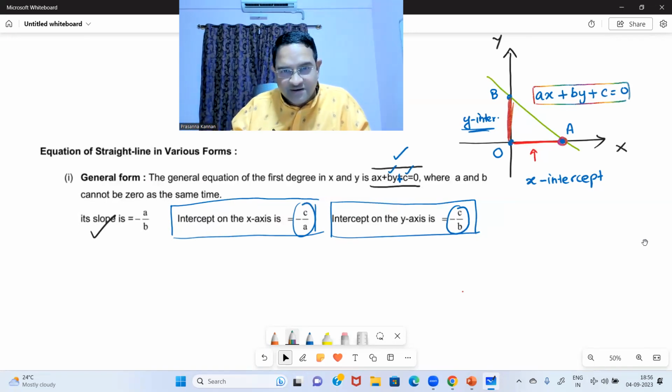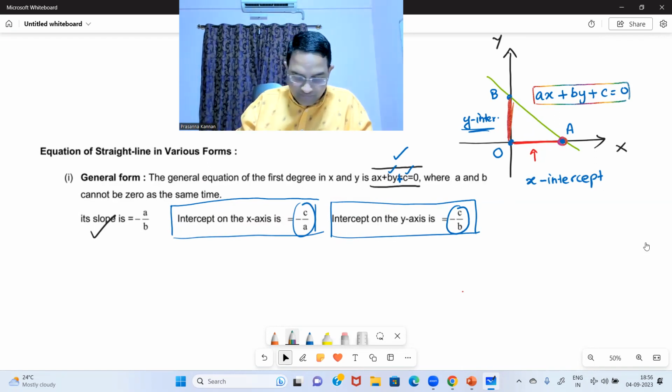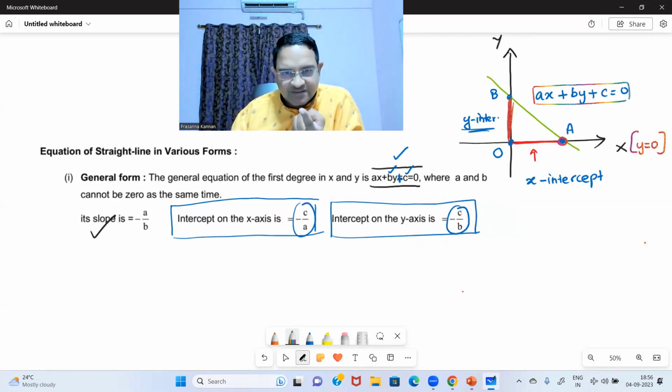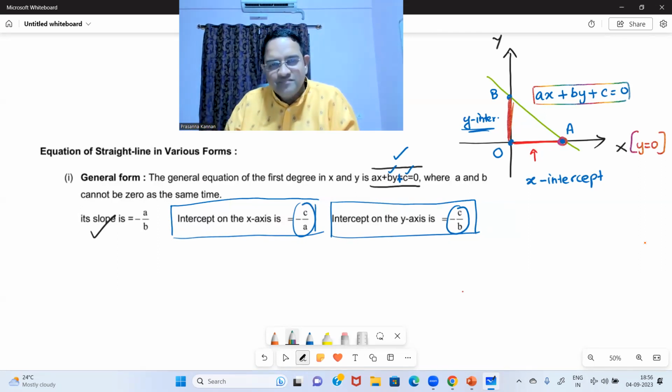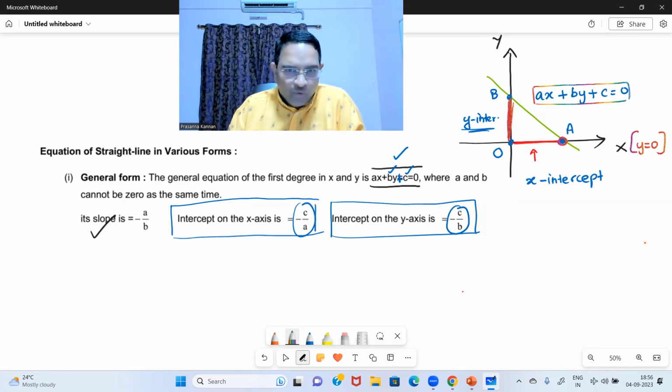In fact, that's the reason the equation of the x-axis is y equal to 0. So whether I say x-axis or I simply say y equal to 0, both represent one and the same. If I say y is 0, then which axis am I talking about?